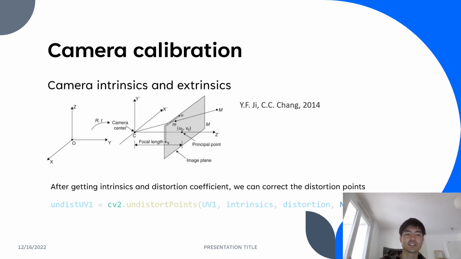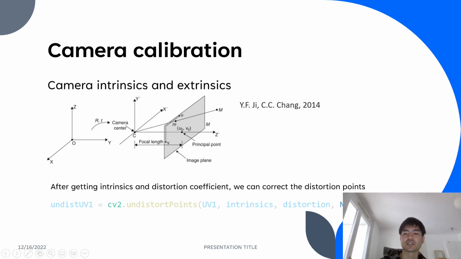And as I said, if you have camera intrinsics and the distortion parameters I showed you in Matlab, you can already fix the distorted points. OpenCV has a really nice function called undistortPoints. You can simply put in the 2D points from the frame, then the intrinsics, and then the distortion right here.